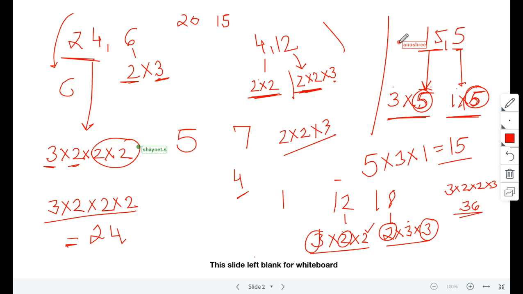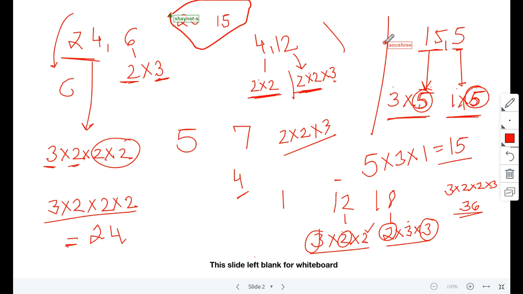Write down whatever I have written here, then solve this one. Yeah, I'm done.